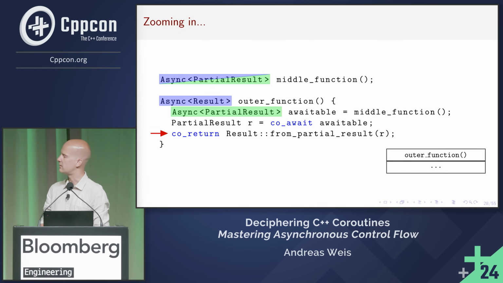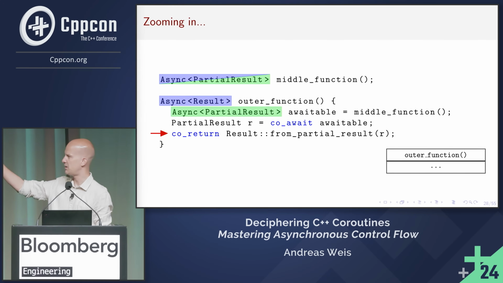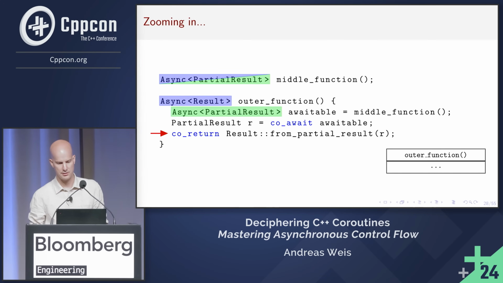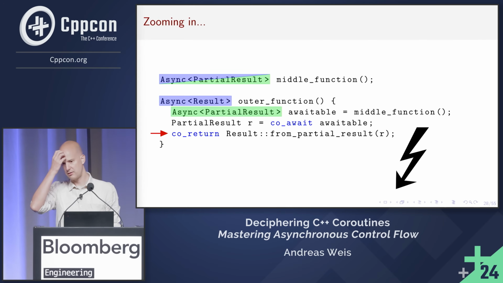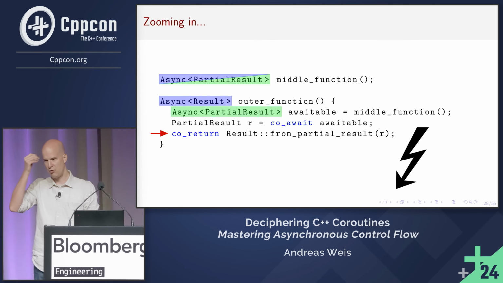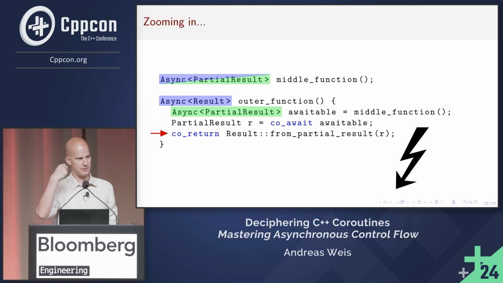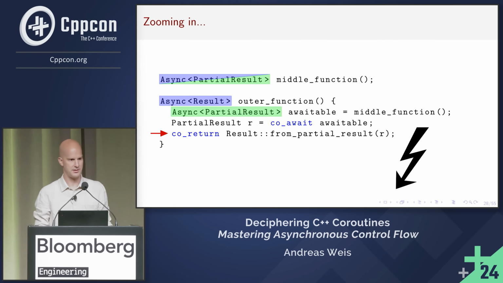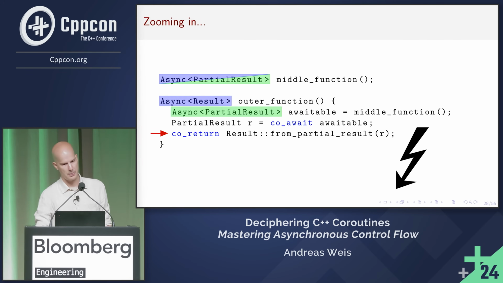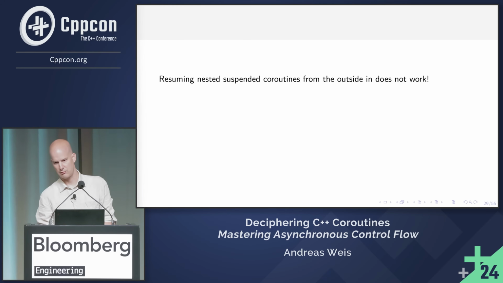But wait a second. If it continues executing, that means it falls out of the co-await and it falls to the co-return. But that's not what we wanted, right? We wanted to continue executing the middle function and then continue executing the inner function and then process the IO result. So this does not work.